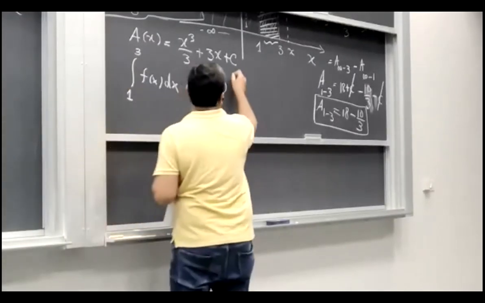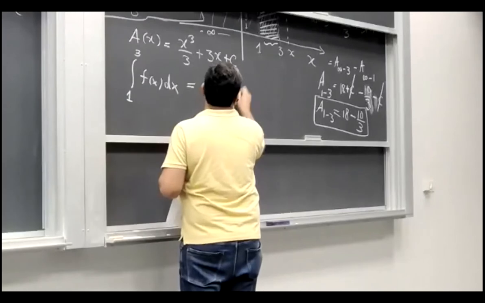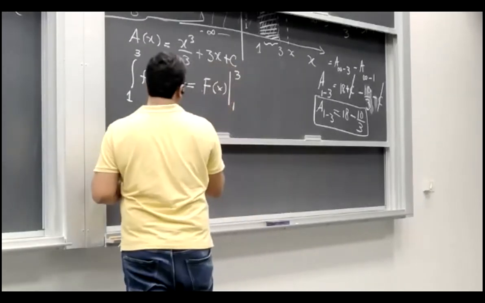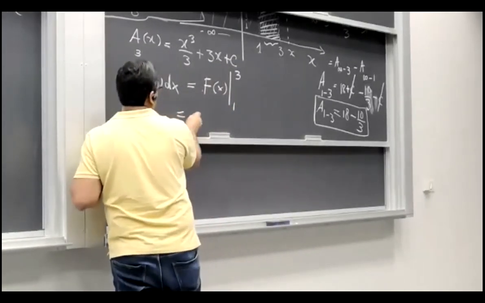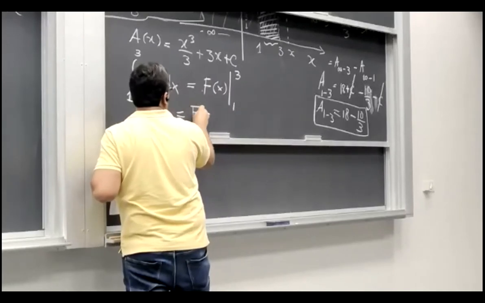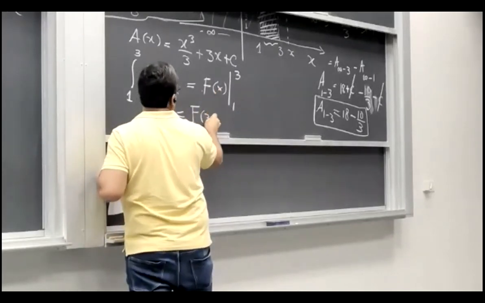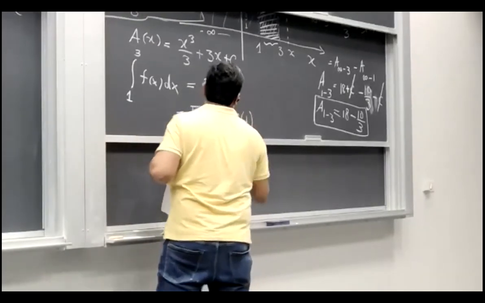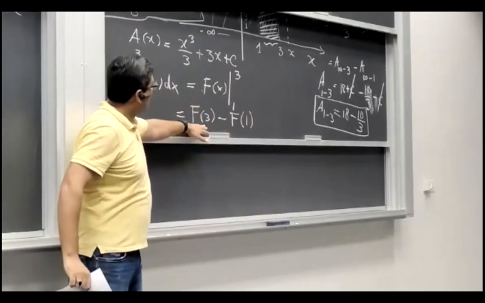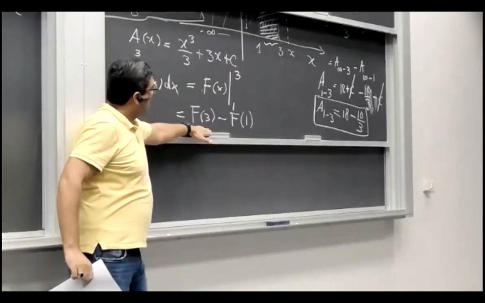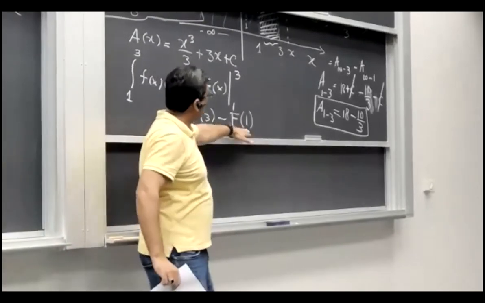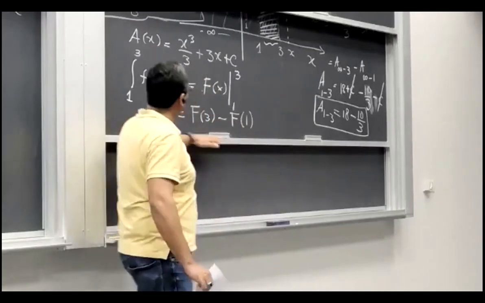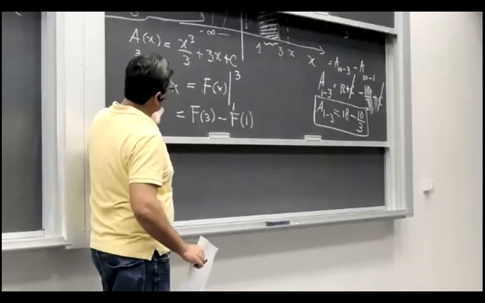This is how you impose the limits. From 1 to 3, and then you rewrite this integral, evaluating this function at 3 first, minus this function at the lower limit. The integrated function at the upper limit first, minus the integrated function at the lower limit, and then this gives you the definite integral, the final number.